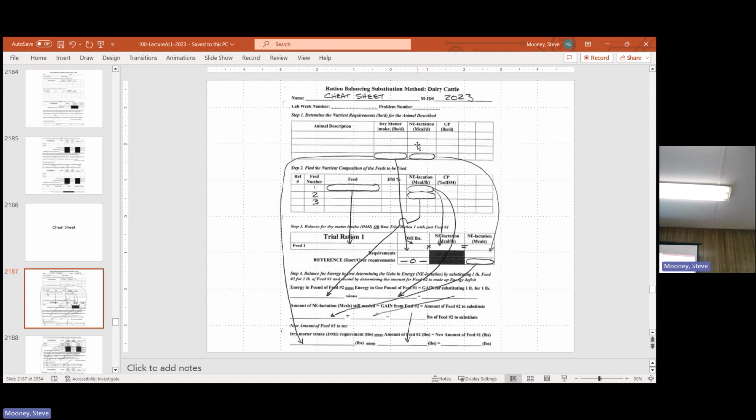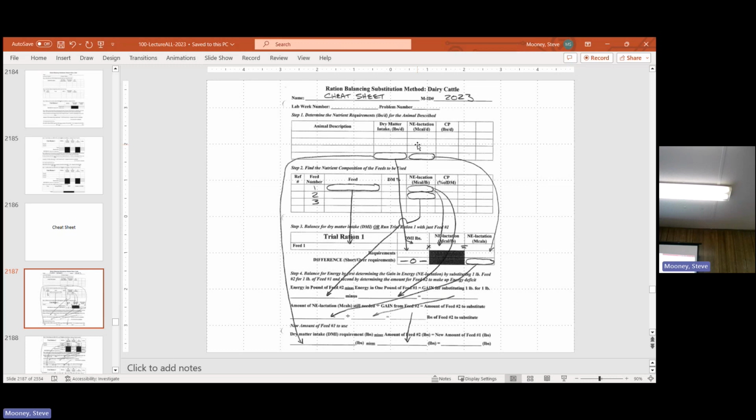So when we do our math going across, we have pounds times megacalories per pound. That's going to equal megacalories. We do our cross cancellation.